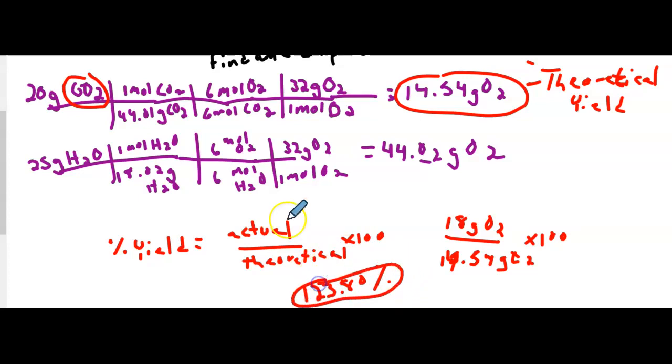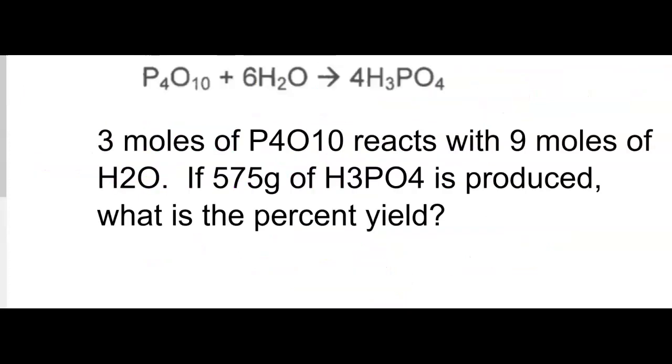Normally you're going to get less than 100. It's probably because I just kind of made this up. So that's okay. So 123.8% yield tells you that's not even possible. So what must have happened is we probably spilled some extra CO2 in there when we were doing the reaction, something like that. Again, usually you'll get under 100%, but that's how we do actual, theoretical, and percent yields.